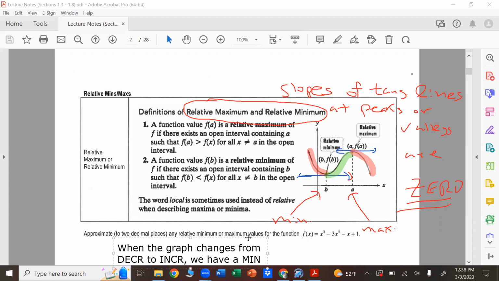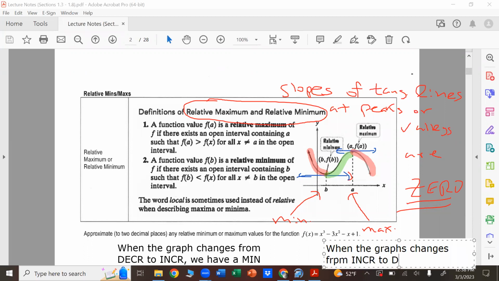When the graph changes from increase to decrease, we have a max.